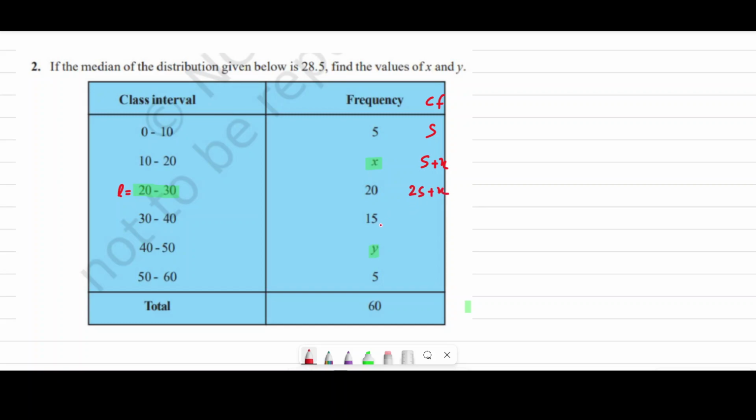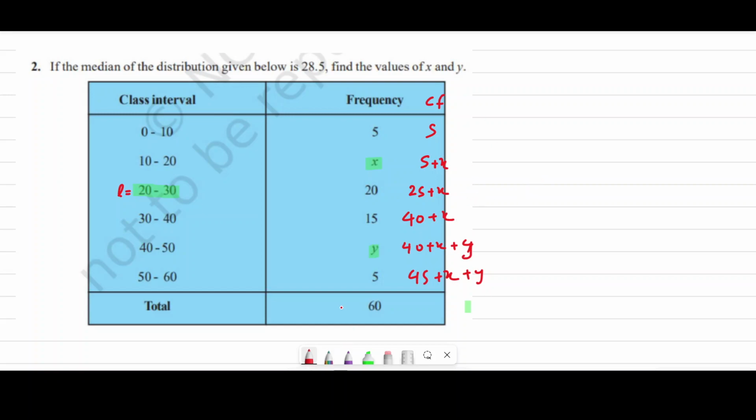Now 25 plus 15, this will be 40 plus x. Now here this will be 40 plus x plus y. Now this will be 45 plus x plus y. This is the whole understanding about CF.